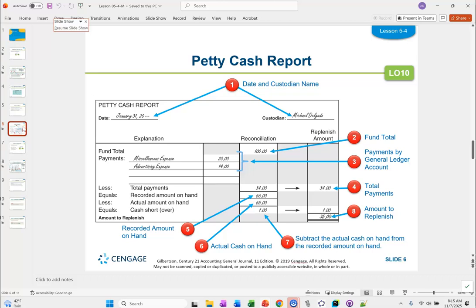Where did that $1 go? Who knows? Maybe I handed somebody $15 to pay for the advertising expense and they forgot to give me the change back. Maybe Michael Delgado bought a pack of gum, forgot to put a receipt in for it, or had to pay a parking meter and use petty cash and forgot to.